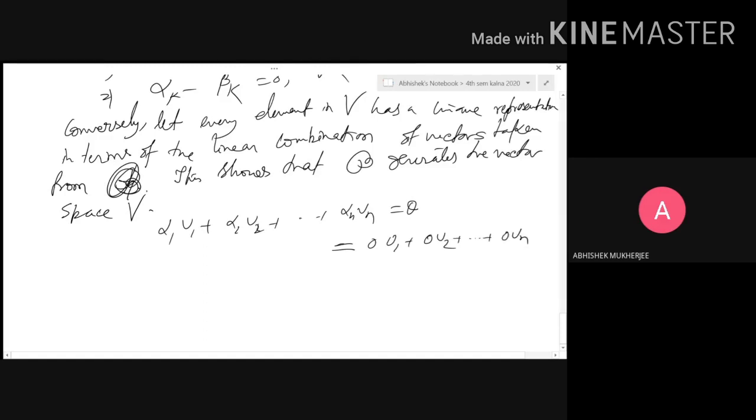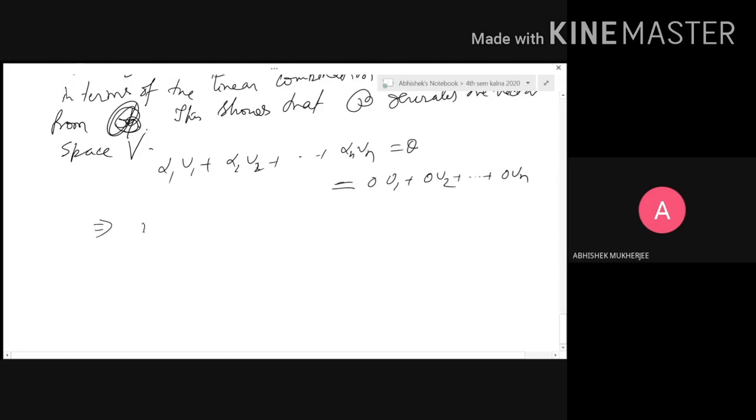Now using the uniqueness of representation of vectors in the vector space V, you can imply that these scalars alpha 1, alpha 2, alpha n are all 0, because alpha 1 corresponds to 0, alpha 2 corresponds to 0, alpha n corresponds to 0. And this proves that curly B is linearly independent and hence curly B forms a basis of the vector space V.